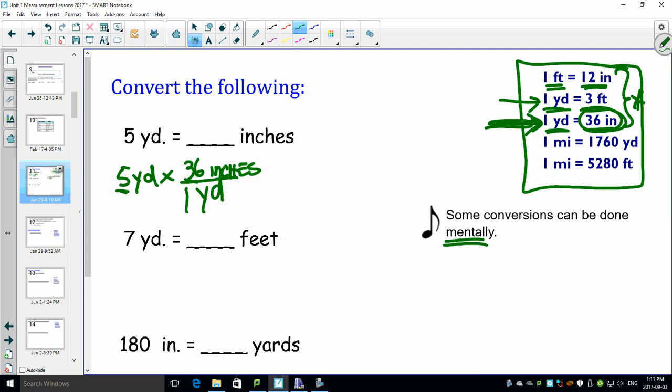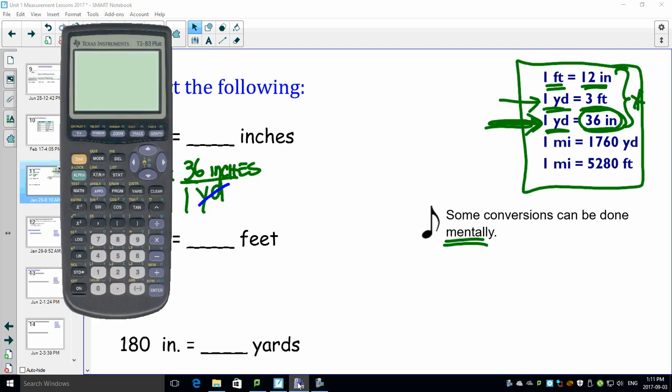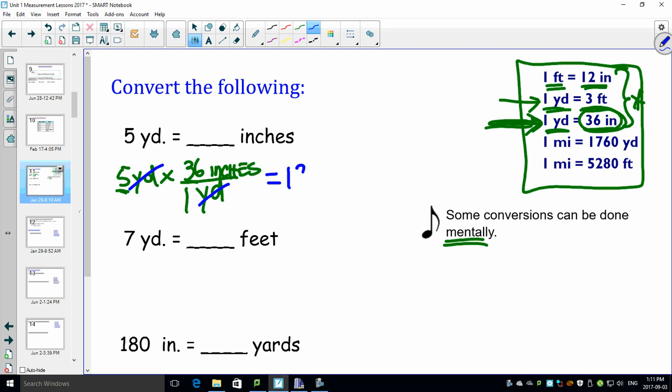And through dimensional analysis, yards and yards cancel out. 5 times 36, I'll bring up my calculator, and I got 180, so this works out to be 180 inches. There you go, very simple. The dimensional analysis works really nicely.